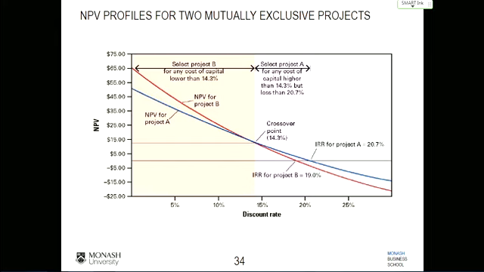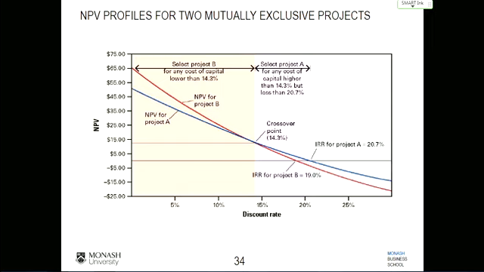It means that to the left of the crossover point, project B will have a higher NPV. So based on NPV, we should choose B. How about to the right of the crossover point? We will have to choose A, because the blue curve is above the red curve, right? So the NPV decision will depend on which discount rate we are going to use.